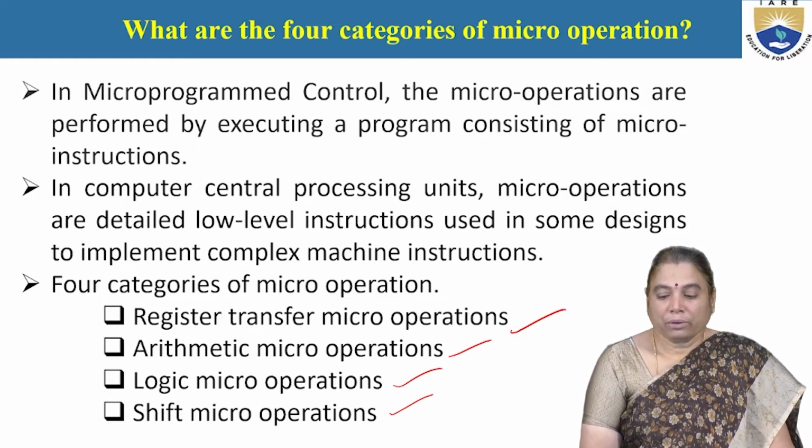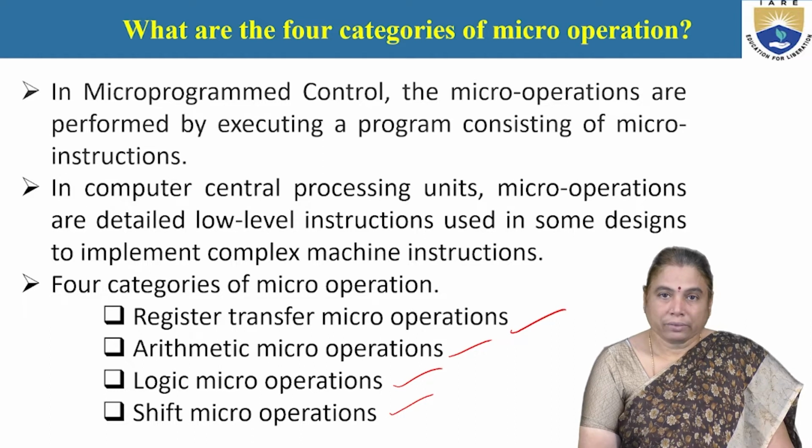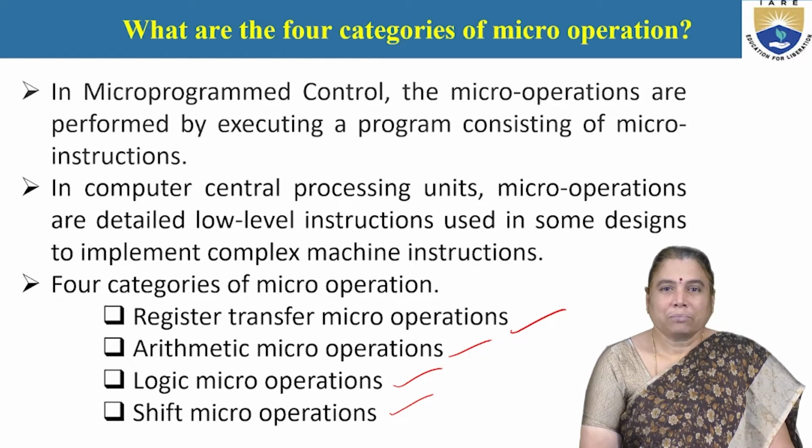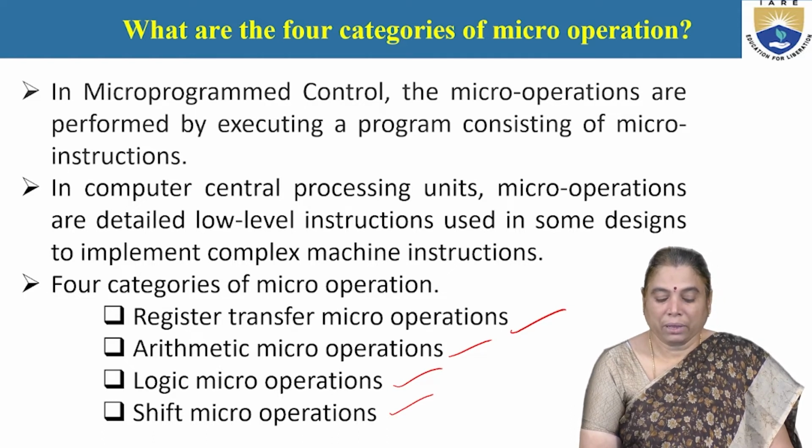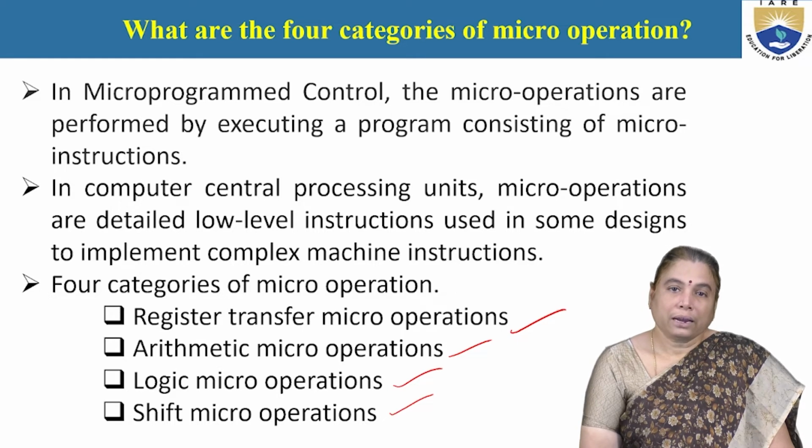A variety of these micro instructions can be described, and as basic examples, the general micro operations ADD and SUB come under the arithmetic micro operations. In the category of logical micro operations, XOR and OR come under the logical micro operations.